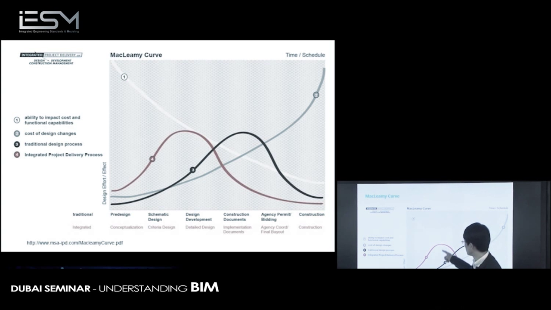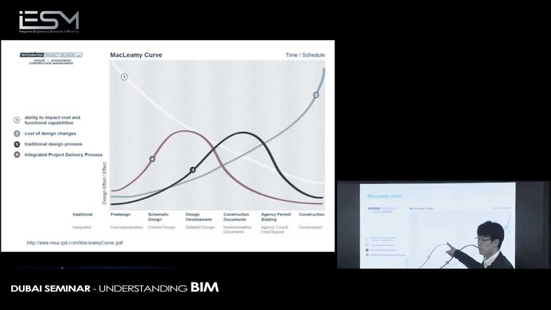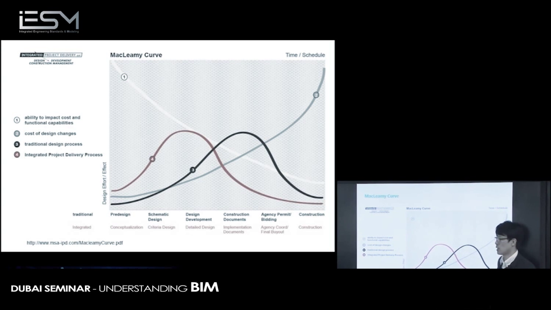We have to accumulate, we have to hit the top in the earlier phase of design, when we are doing schematic design or some design analysis using design development. In other words, we have to gather an amount of information before construction documentation or even construction.